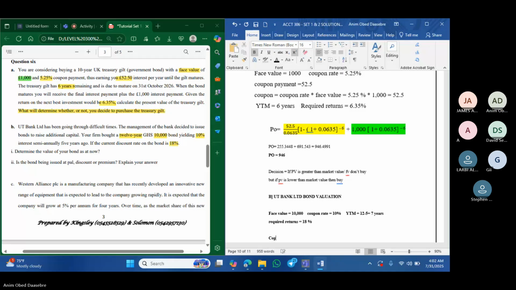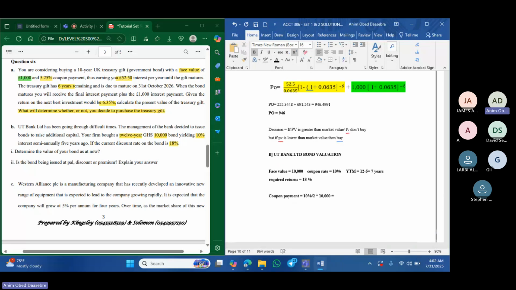So you need to find our coupon using the rate and the face value: 5% times your face value of 10,000, you get 500.